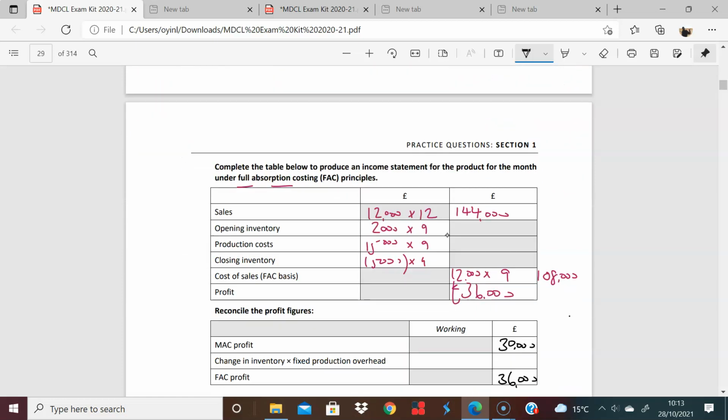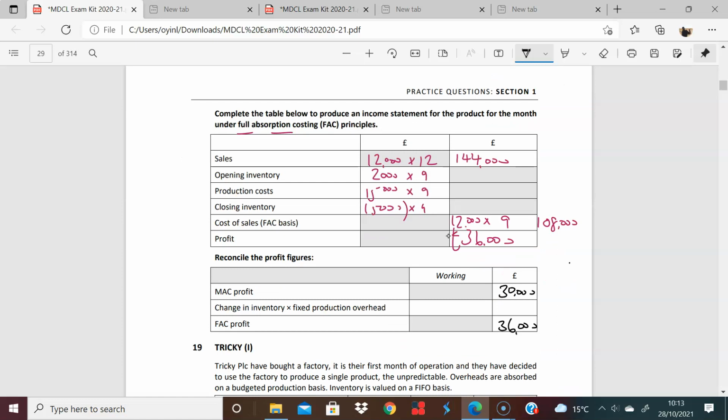That's not quite the case under full absorption costing, where inventory carries some of this overhead into the next period, right? And what is that inventory? Well, it's the change in inventory, because you start off the period with 2,000 and you close with 5. So you have a 3,000 change in inventory going into the next period.